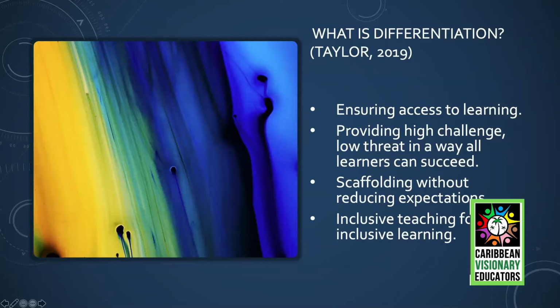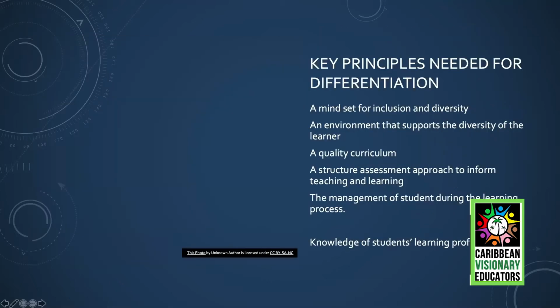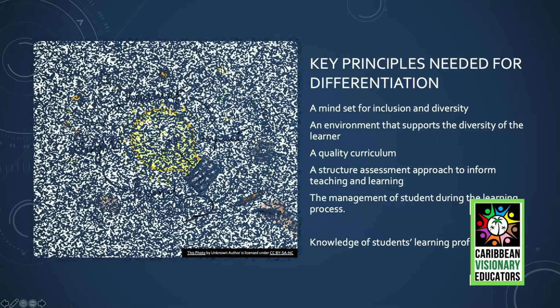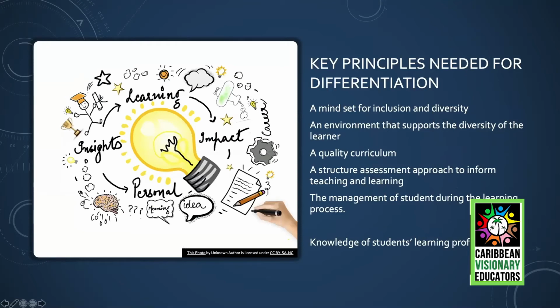So when we look at the whole process of differentiating a lesson, whether it be synchronous or asynchronous formation, we have to consider these thoughts by these teachers. Now, I want us to consider some key principles as it relates to differentiation. Differentiation requires a mindset for inclusion and diversity. They cannot be separated. It also requires an environment that supports the diversity of the learner.